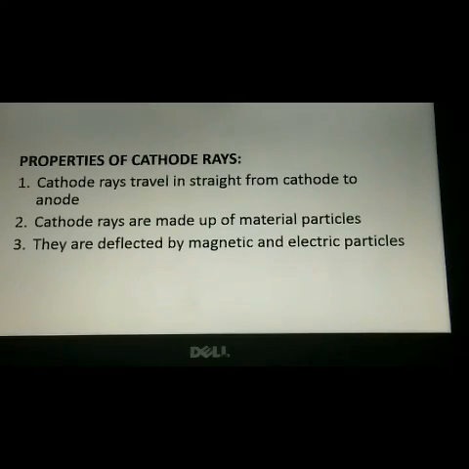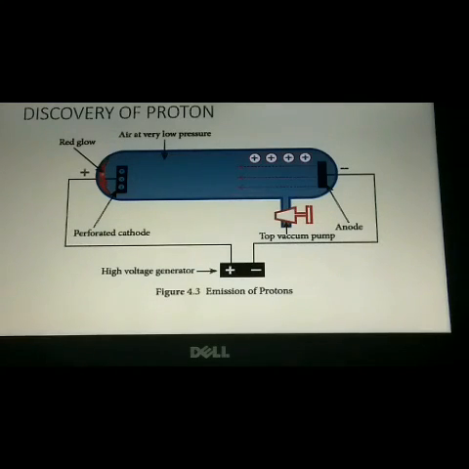And now let us move into the discovery of proton. The presence of positively charged particles in the atom was predicted by Goldstein based upon the conception that the atom, being electrically neutral in nature, should possess positively charged particles to balance the negatively charged electrons.